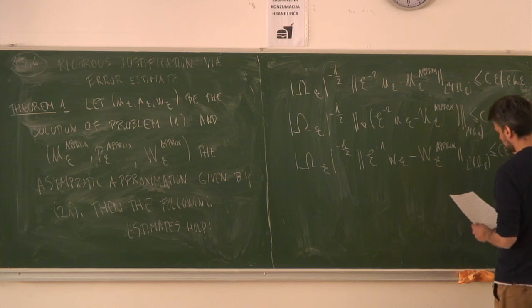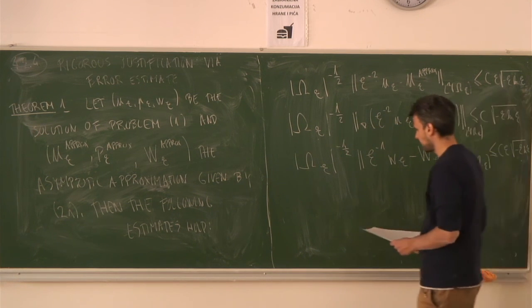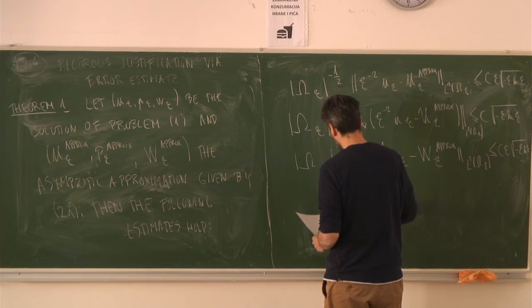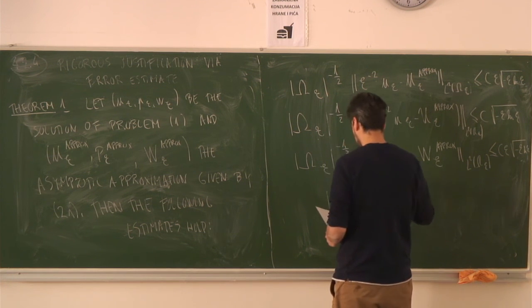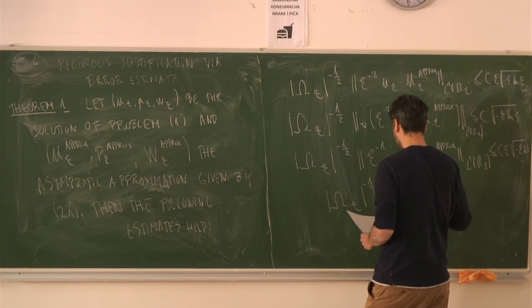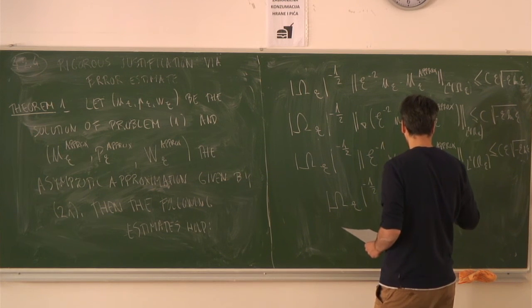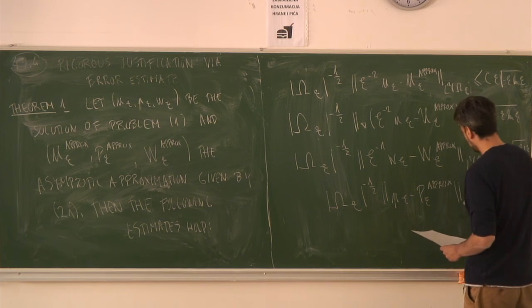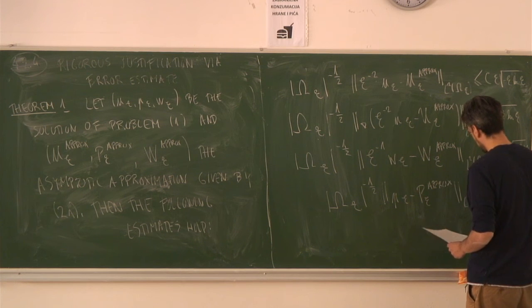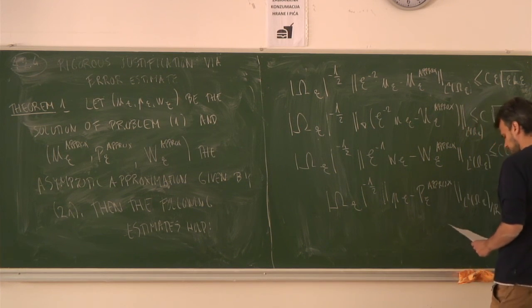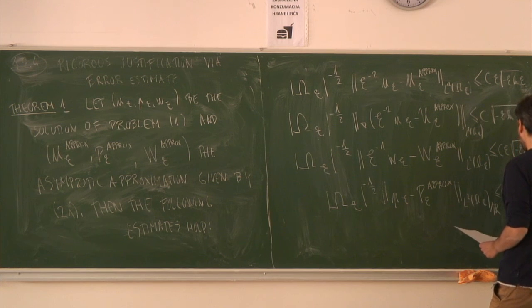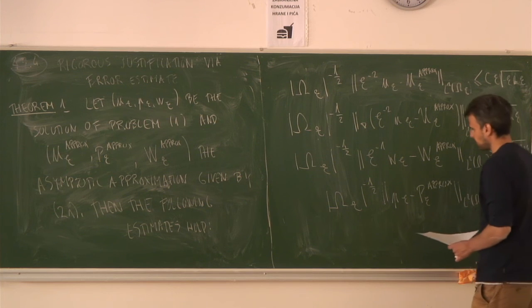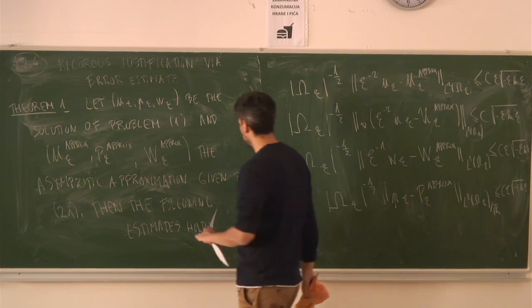So C epsilon square root of minus epsilon ln epsilon. And for the pressure, we have p epsilon minus p epsilon approximate in L2 of omega epsilon over R, so C epsilon square root of minus epsilon ln epsilon. Okay, so you have these estimates.